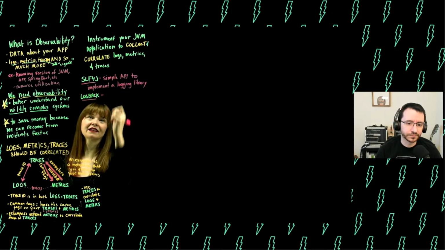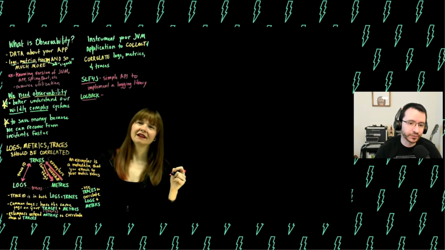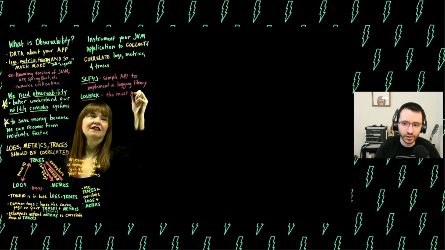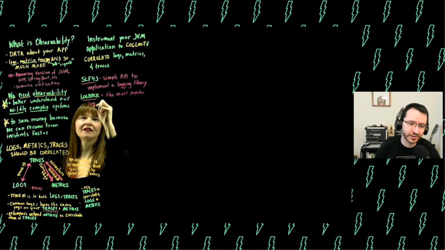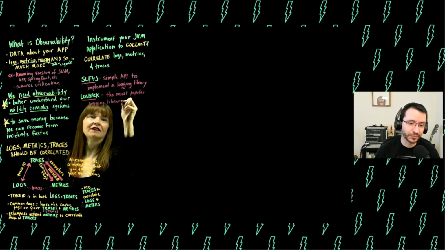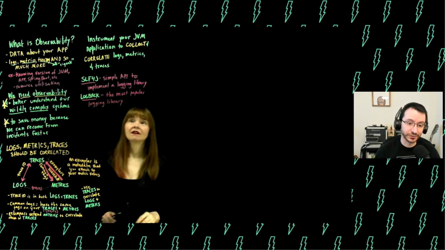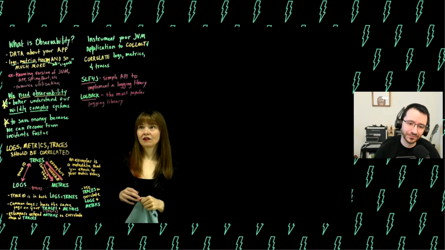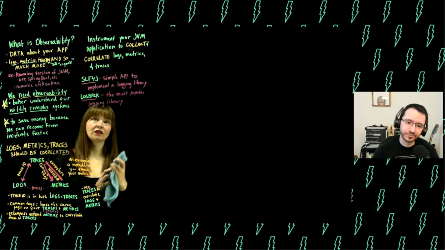So I would phrase it like this: SLF4J is a simple API for emitting or recording logs, and Logback is a library that will do the work. Okay. Simple API to record logs.